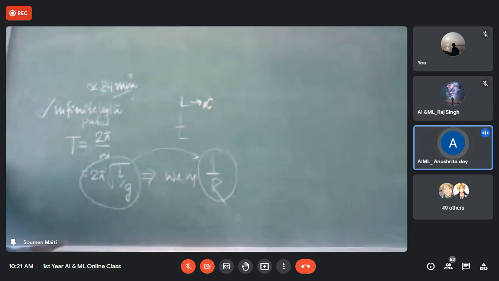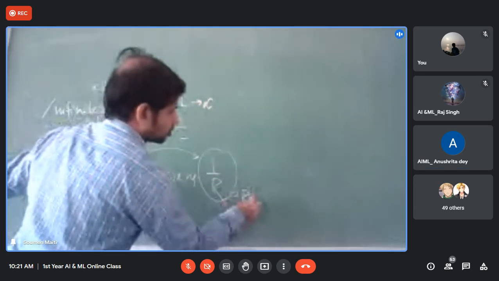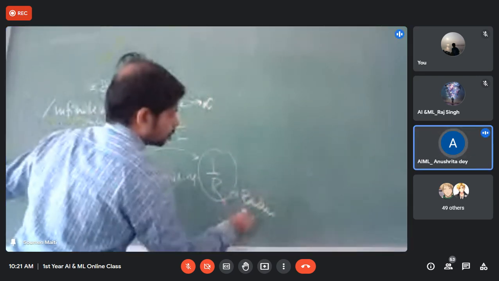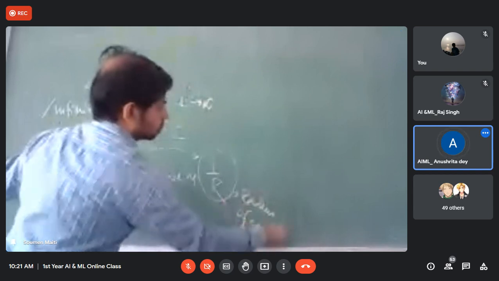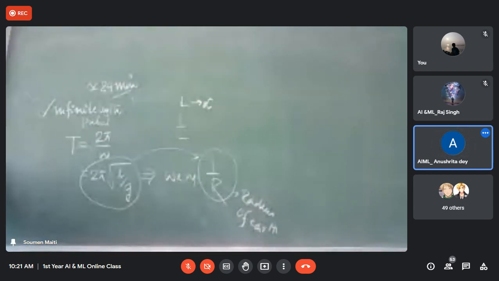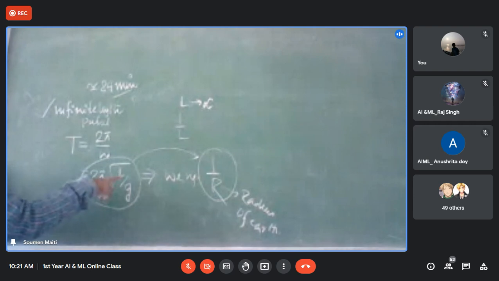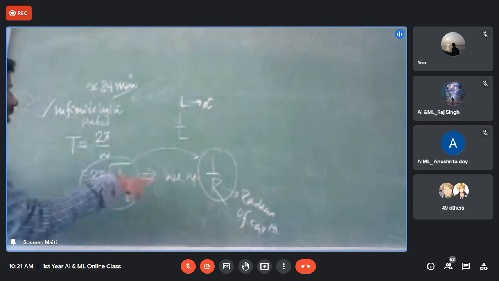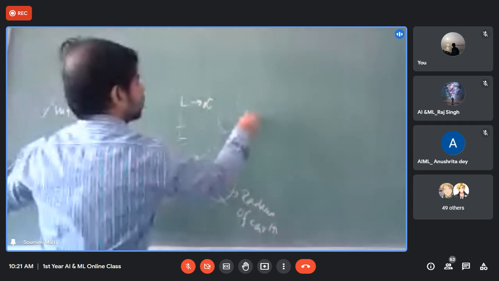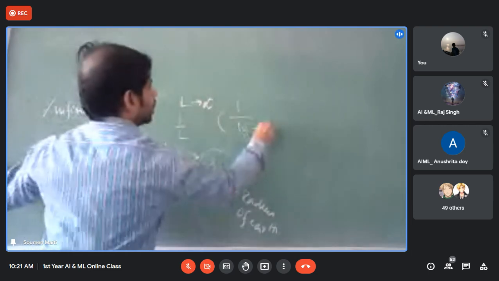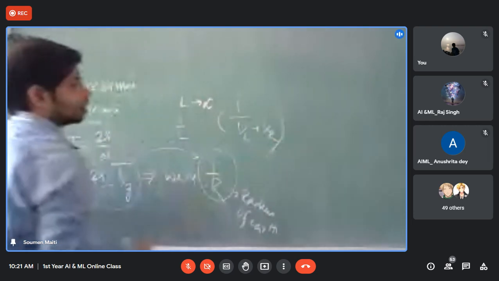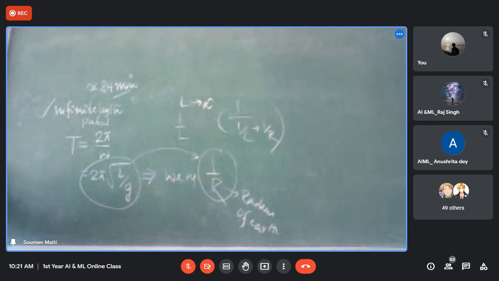What we are putting is 1 by R, the radius of the Earth. In this equation, you are getting 1 by g into (1 by L plus 1 by R). This kind of equation comes generally.